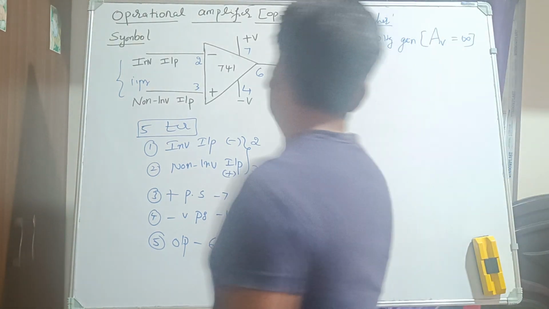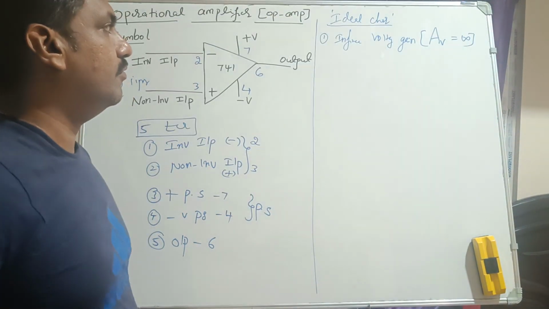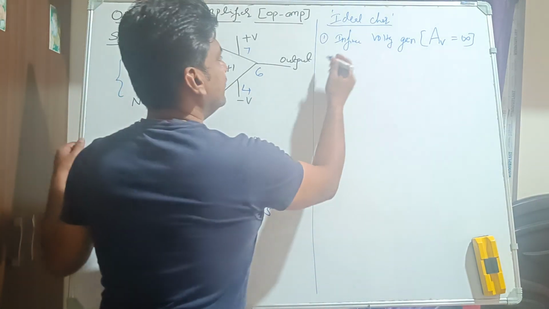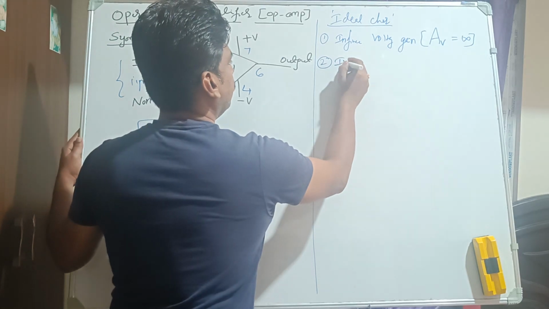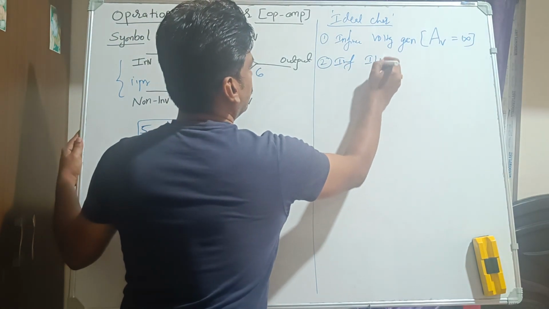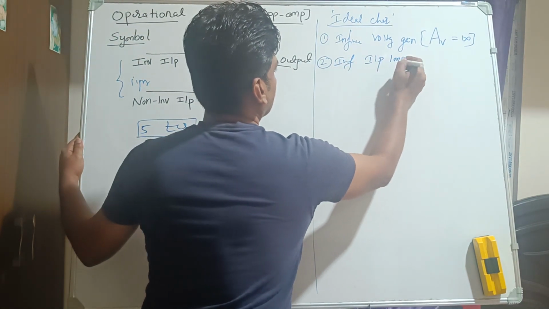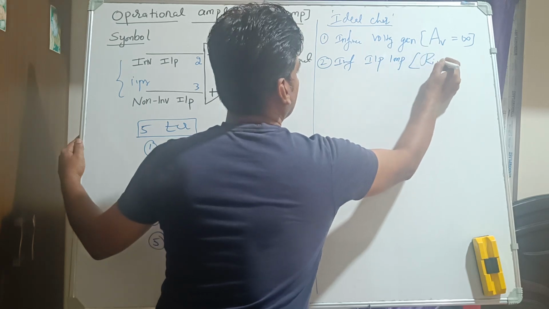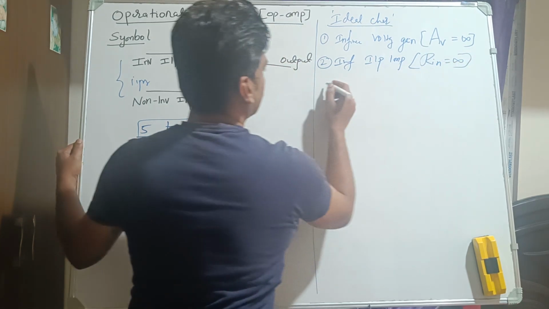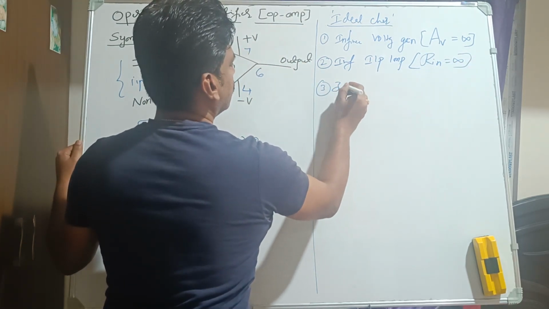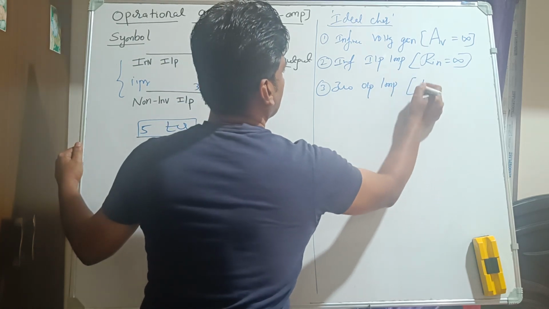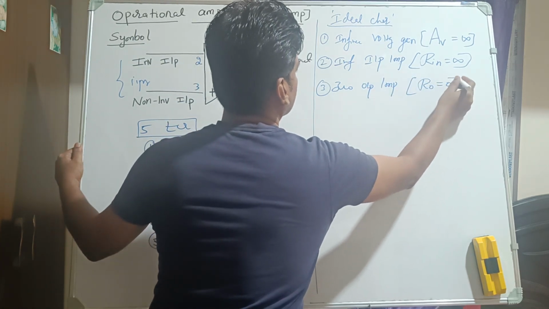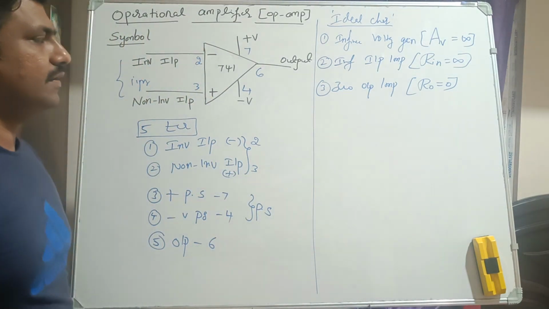We'll see all this in detail next; first we'll write down the characteristics. Second is infinite input impedance, that is R input is infinite. Third is zero output impedance, that is output impedance is 0.